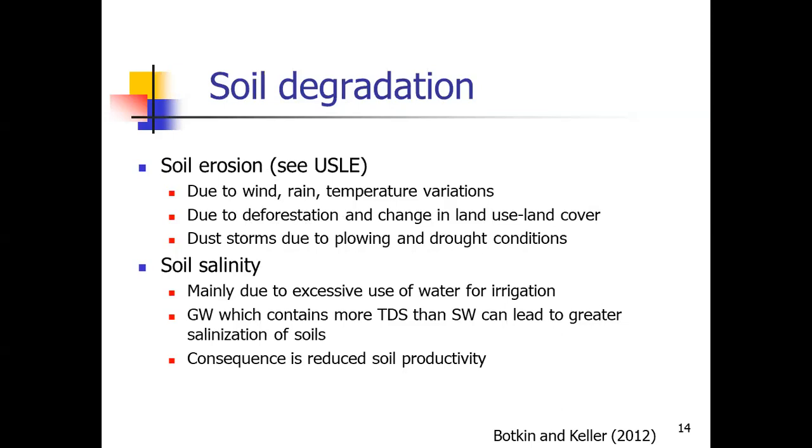So if you think about what you may have studied in high school, if you remove trees, if you remove forest cover, what happens? The soil is exposed to the above three factors: wind, rain, and temperature variations. There's no protection for the soil, which is there in a forested area. So that entire topsoil gets removed by these processes of wind, rain, and temperature change.